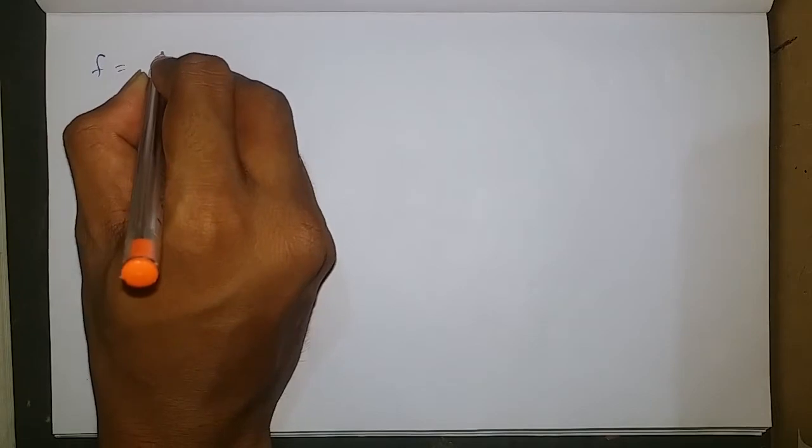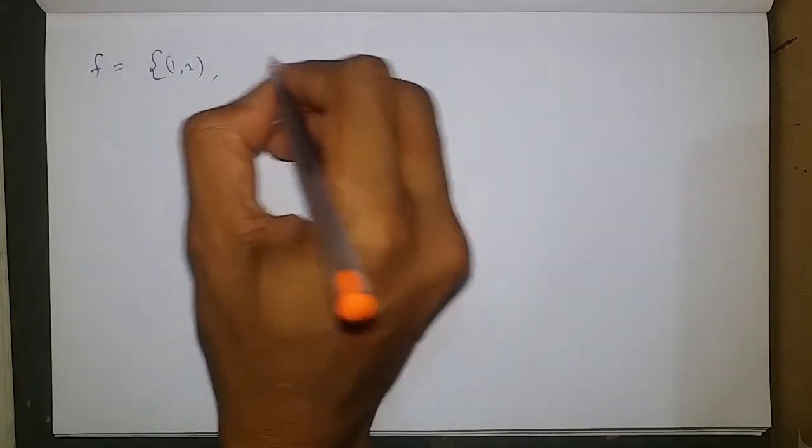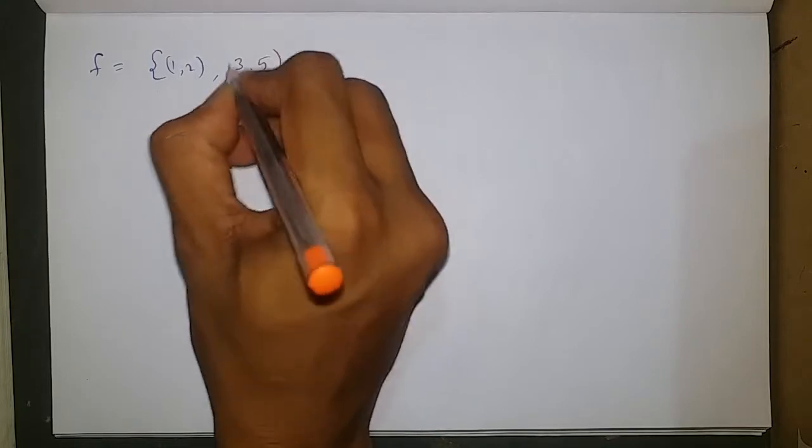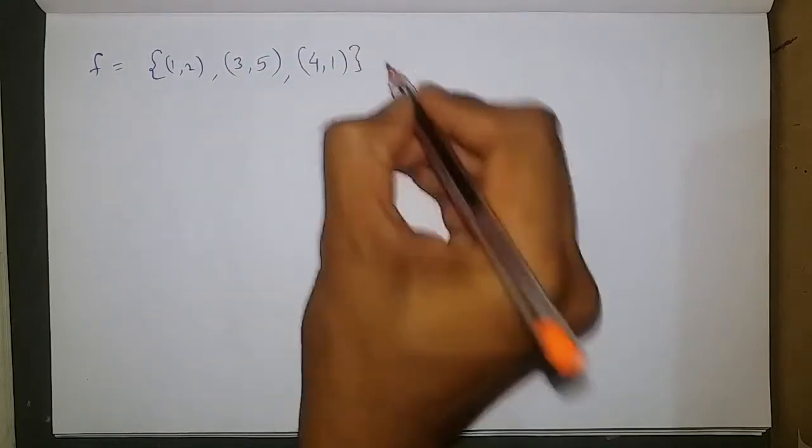Okay, now instead of equations, what if we have ordered pairs? Function f is given as (1, 2), (3, 5) and (1, 4) ordered pairs.